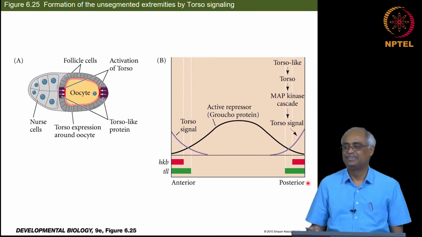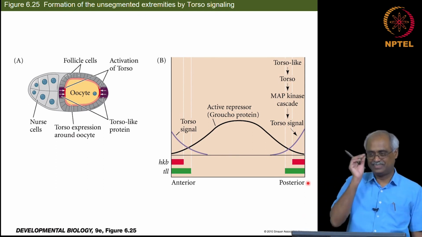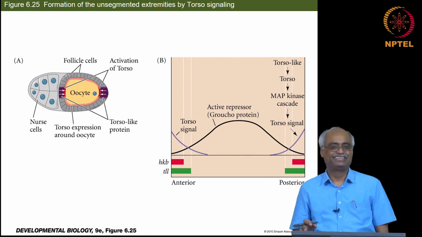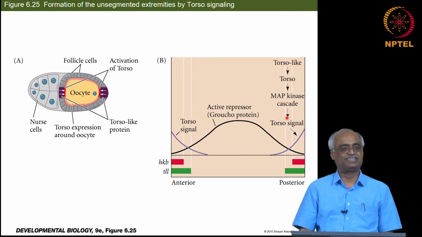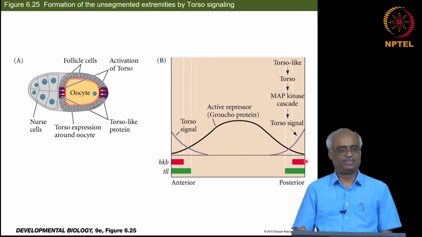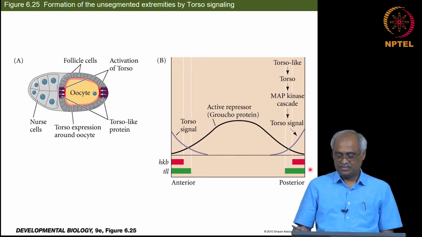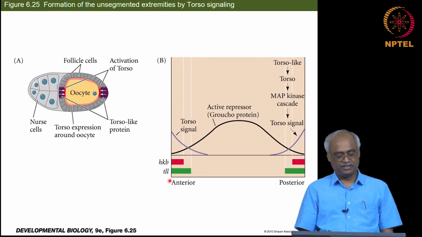Very interesting consequences of these asymmetries, right. And that is how this Torso signaling works. So, you are seeing an actual example of a MAP kinase pathway here in development. That is how the same genes, Huckebein and Tailless, are produced by the same gradient.